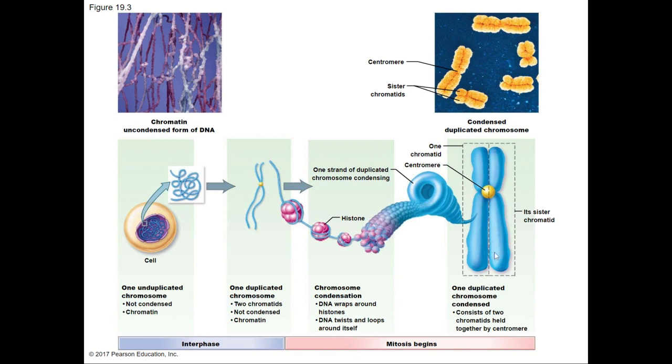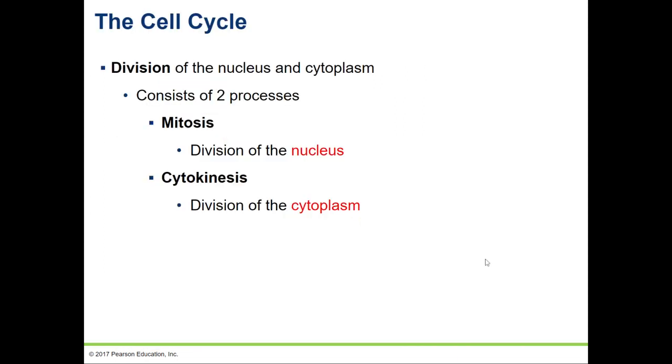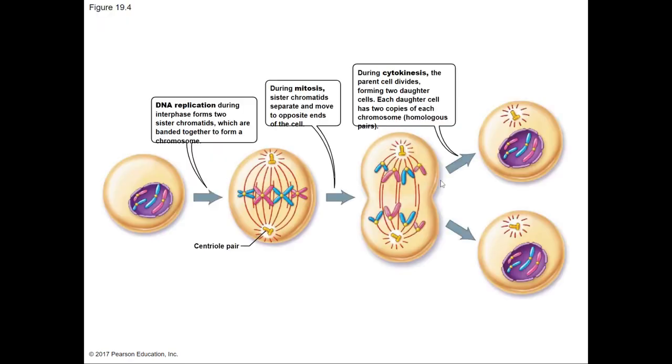Here we have two sister chromatids and a centromere holding it together. And you can actually see these under the microscope. So above it is looking at the condensed chromosomes. And when you see them in this form, remember, this is actually copied. There's actually two sets of the complete material here. So this would happen during the first phase of mitosis.